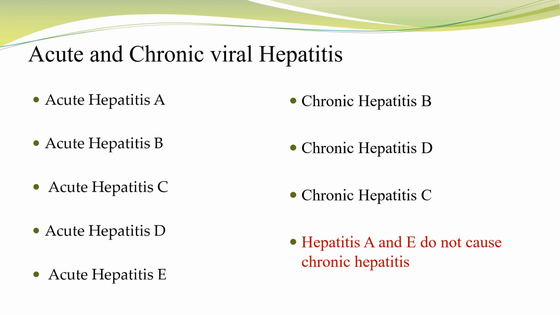So we have acute hepatitis A, acute hepatitis B, acute hepatitis C, D, E. Also, we have chronic hepatitis B, chronic hepatitis D, and C. It means we do not have chronicity for hepatitis A and E, and hepatitis A and E do not cause chronic hepatitis.